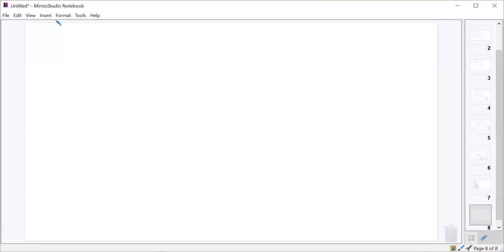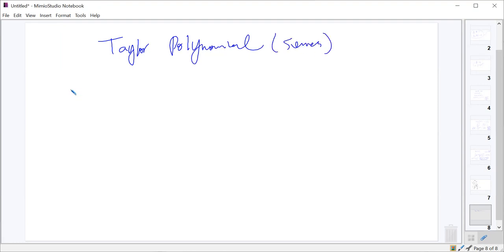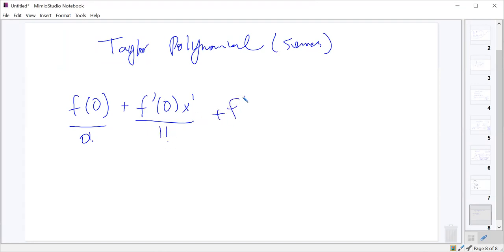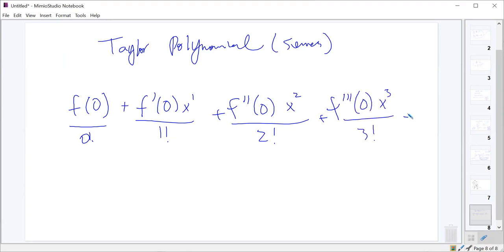So the Taylor polynomial or Taylor series that we could write, centered at 0, should come from f of 0 plus f prime of 0 times x to the first over 1 factorial, and then f double prime of 0 x to the second over 2 factorial, and f triple prime of 0 x to the third over 3 factorial, and so on.